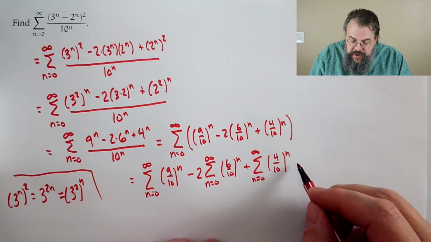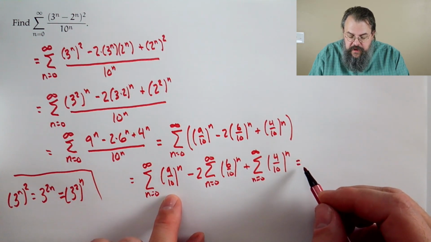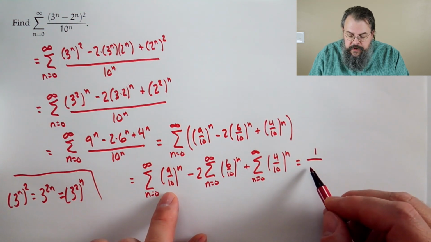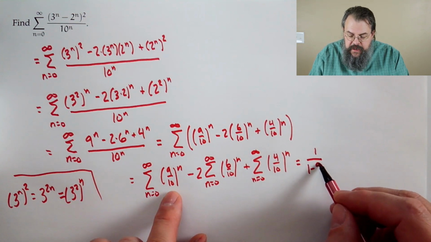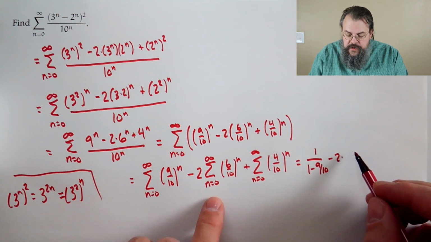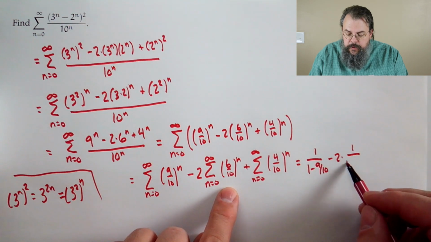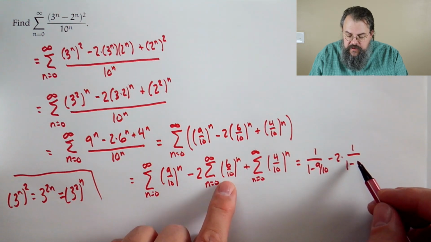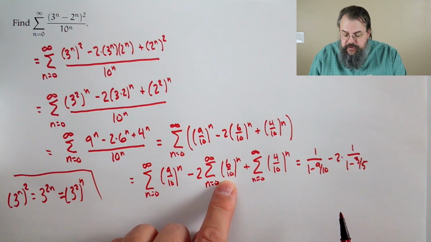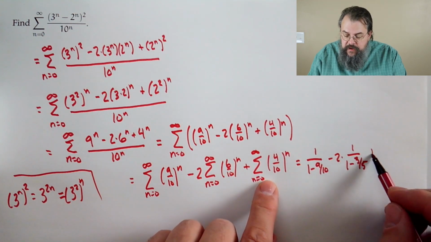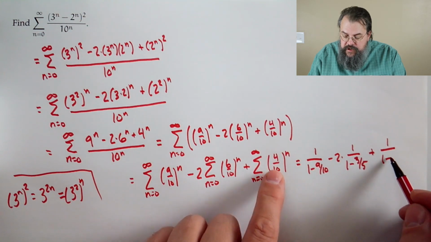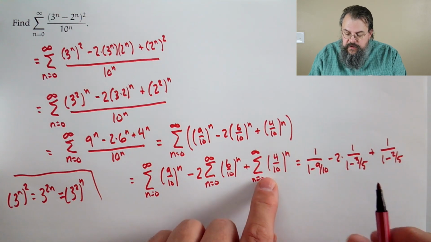So we do each piece. Our first piece, n equals 0, we get 1. So 1 over 1 minus 9/10. Minus 2, first term, n equals 0 is 1, over 1 minus 6/10, which I'll rewrite as 3/5, plus our first term, n equals 0 is 1, over 1 minus 4/10, which is 2/5.